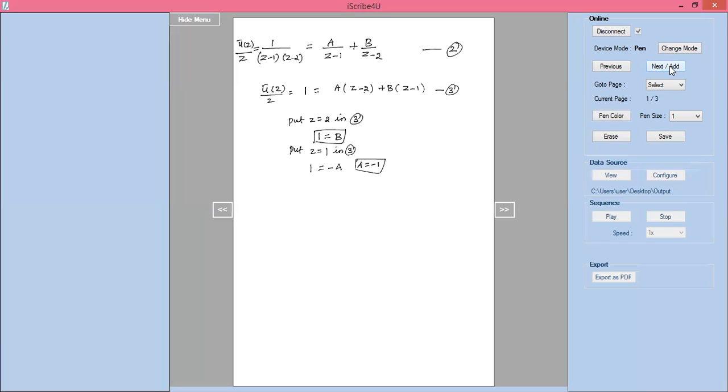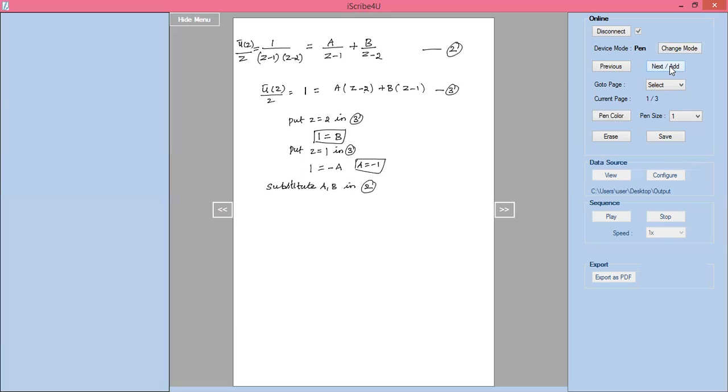A is minus 1. Now one is b equal to 1, another is a equal to minus 1. Now I can substitute a, b in equation 2.